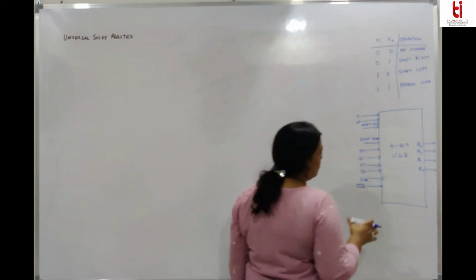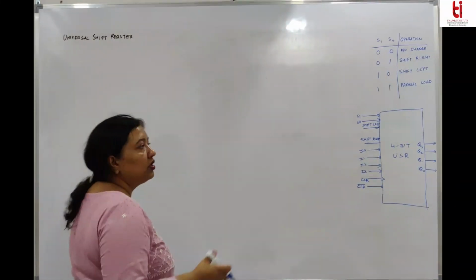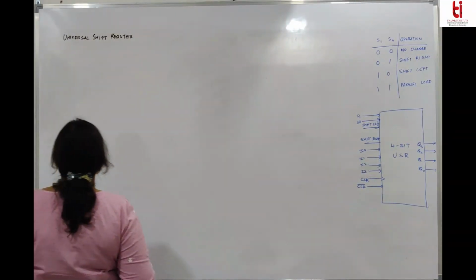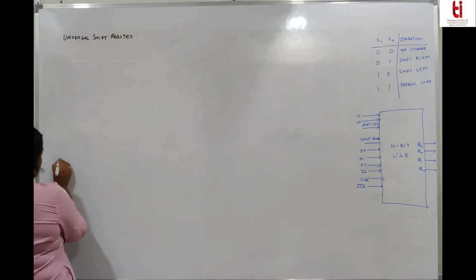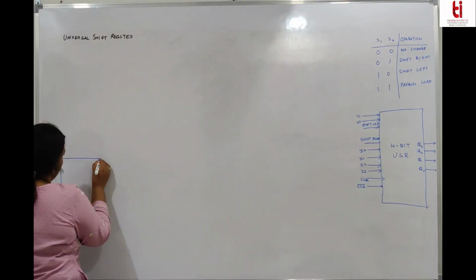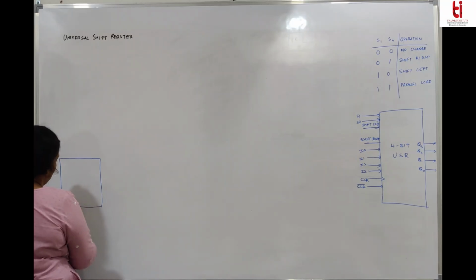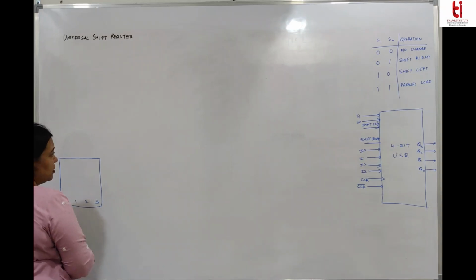Anything which is missed out, we'll see. First we'll have 4 muxes. These are the inputs of the 4 muxes.